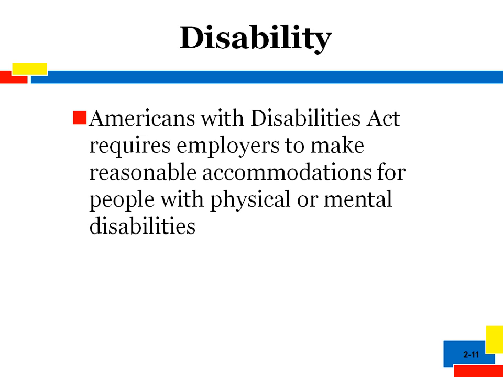The Americans with Disabilities Act requires employers to make reasonable accommodations for people with physical or mental disabilities. After this act was passed in 1990, the number of disabled individuals in the U.S. workforce rapidly increased. The act required employers to make reasonable accommodations for individuals with physical and mental handicaps, such as wheelchair accessibility, as an example.